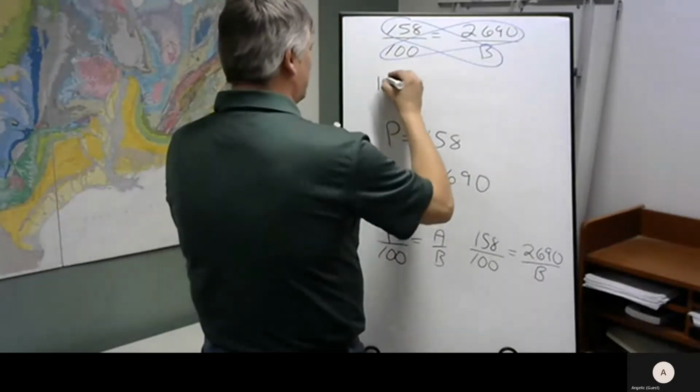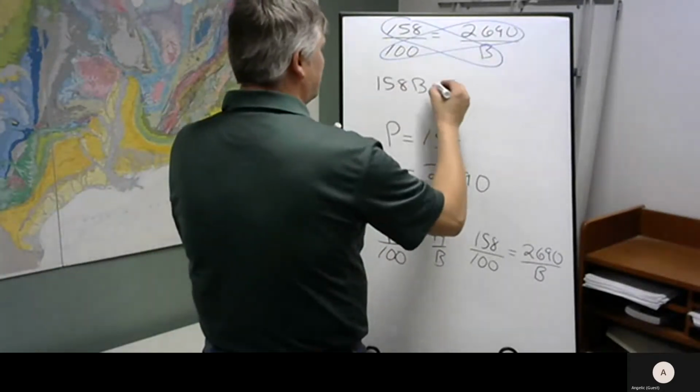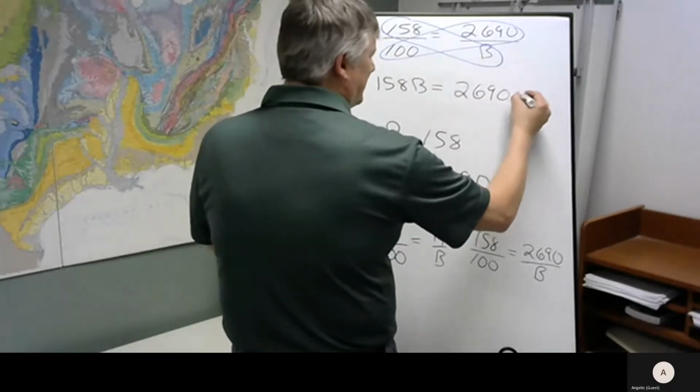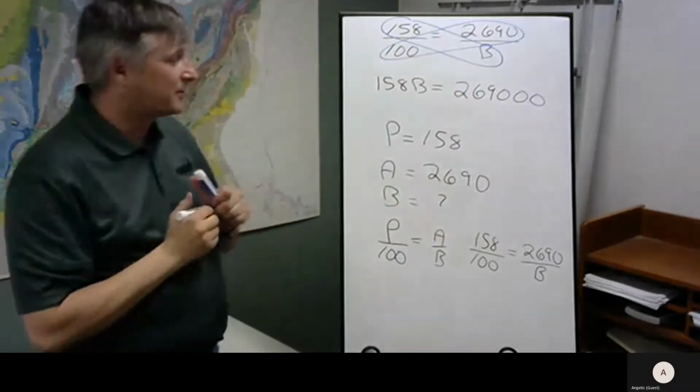So we get 158B will be 2690, and we're multiplying by 100, so we'll tack on a couple zeros there.